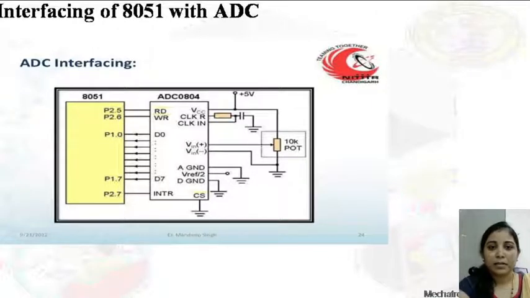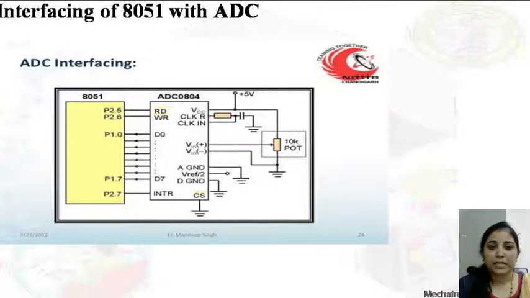This is the block diagram of interfacing 8051 microcontroller with ADC 0804. The main pins to be seen here are the ports. Here we are using port 1 and port 2. Port 1, from P1.0 to P1.7, is connected to the data pins of ADC 0804.